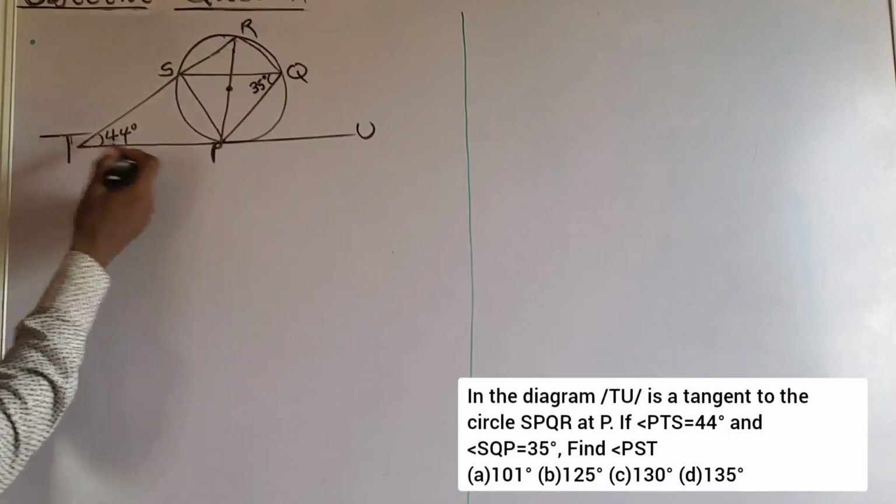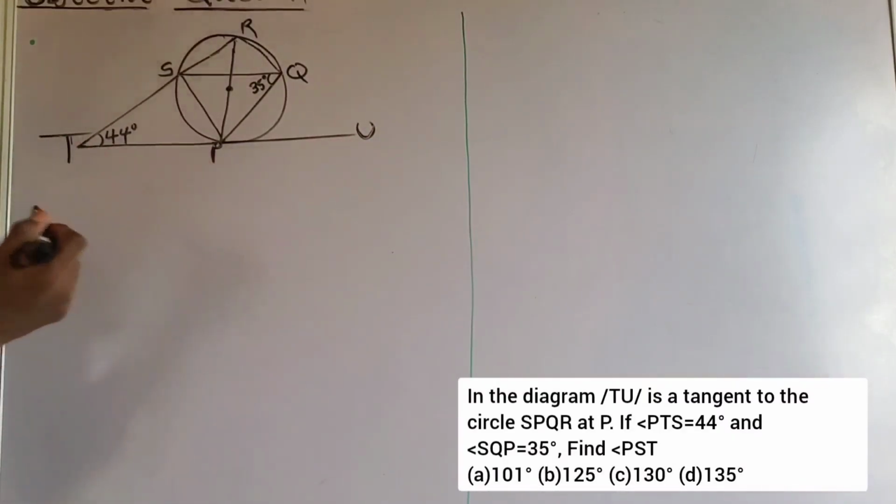This line TU that you see here touches this circle at this point. You understand? So it's a tangent to this circle.